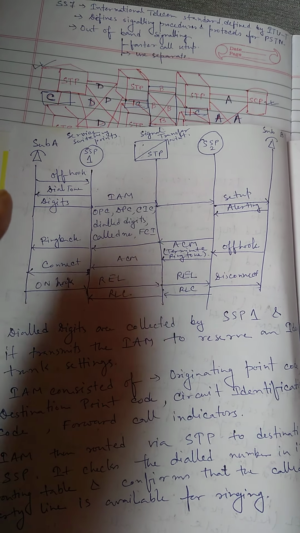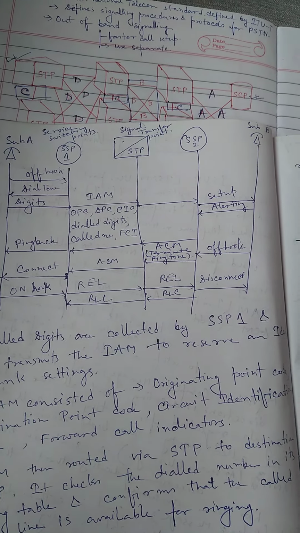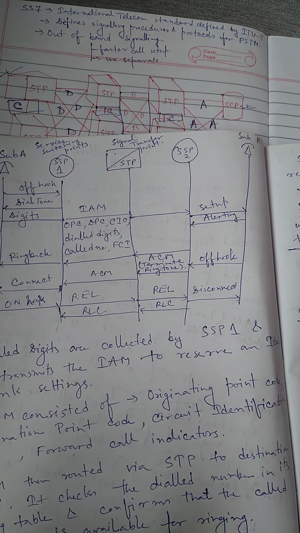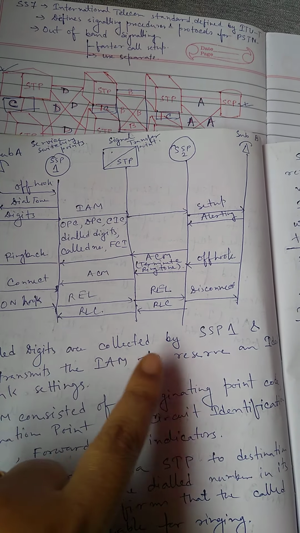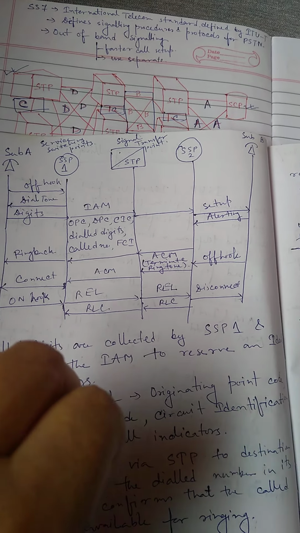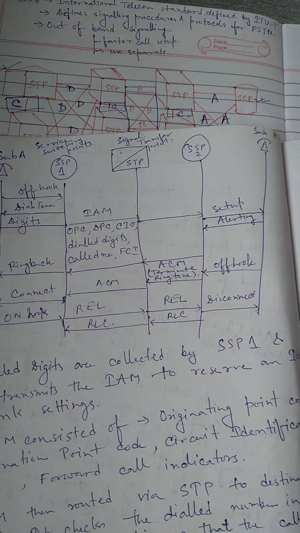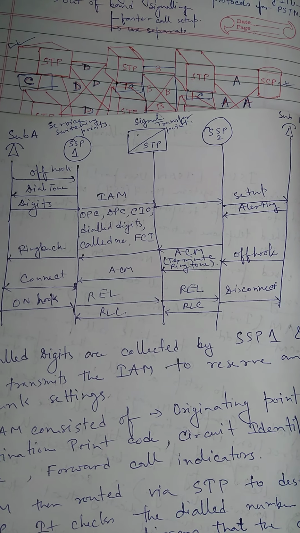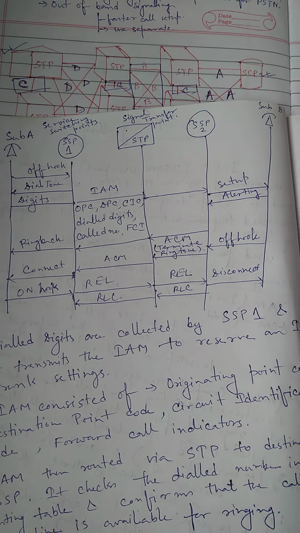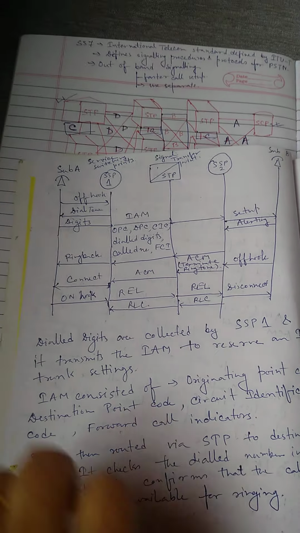Then finally, if subscriber A puts down the cradle, it will send the release signal and it will get disconnected, and finally this RLC will help us to complete the circuit releasing process and the billing process. So that is how a call setup is done in the ISDN network, which is known as ISUP call setup.